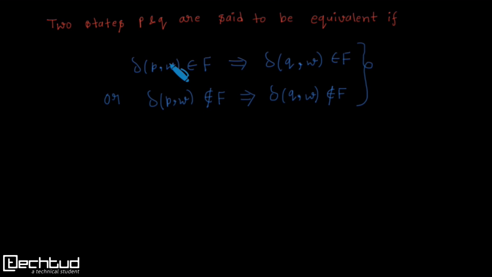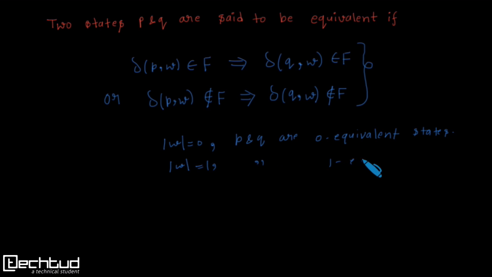Here this W is the string. If the length of this string is 0, then we will say that P and Q are 0 equivalent. If the length of this string is 1, then P and Q are 1 equivalent.